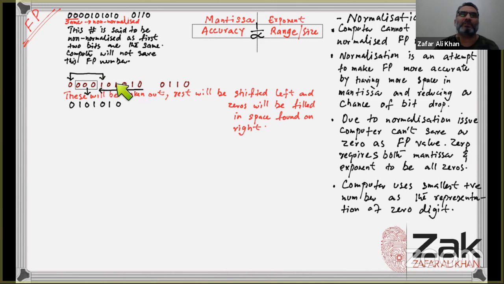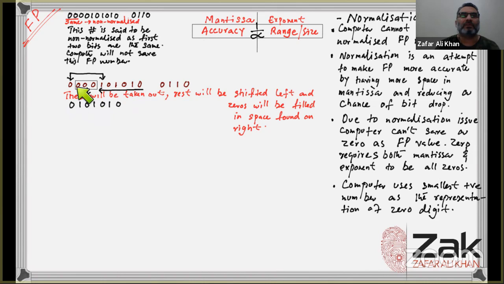But for now, we shift them towards the left, and whatever the 3 spaces that are created, we will be putting zeros in them. But there would be a trade-off. Trade-off will be on the exponent. So now let's see, we removed these first 3 bits, the second, third, and fourth bits, which are making it non-normalized. We are shifting the rest of the bits towards the left.